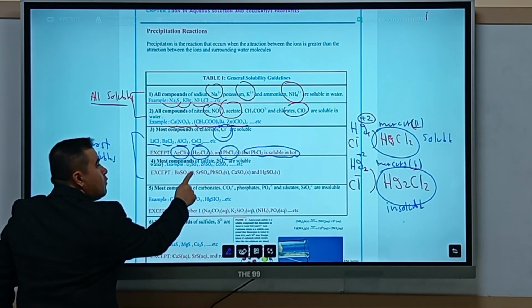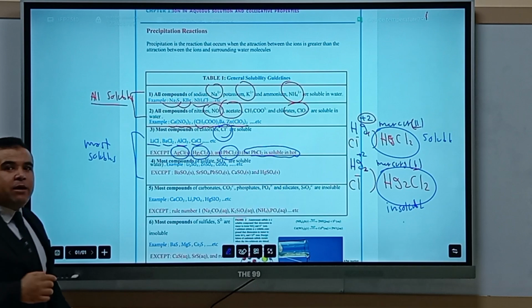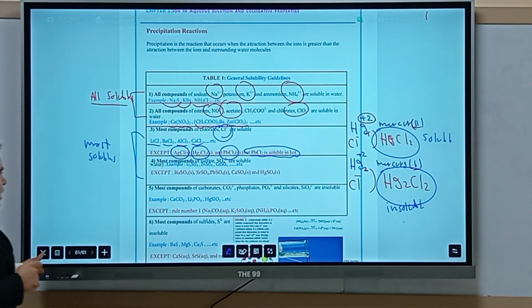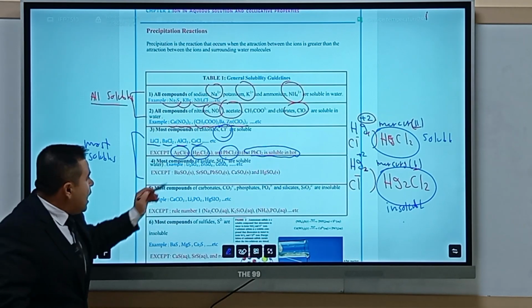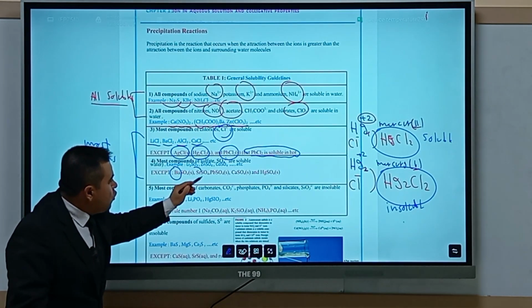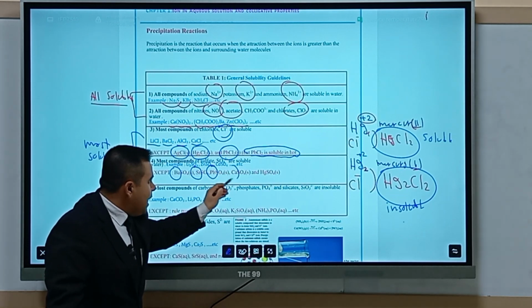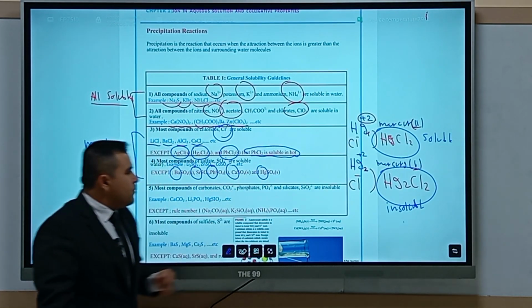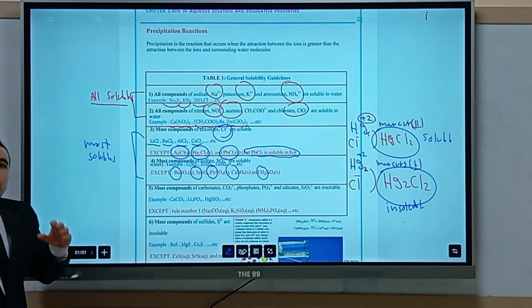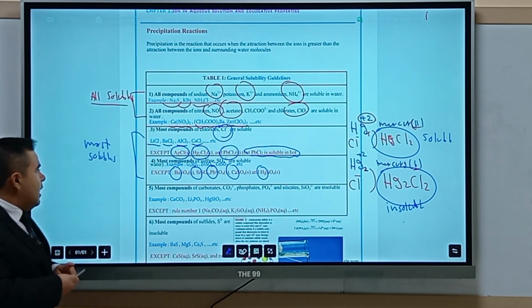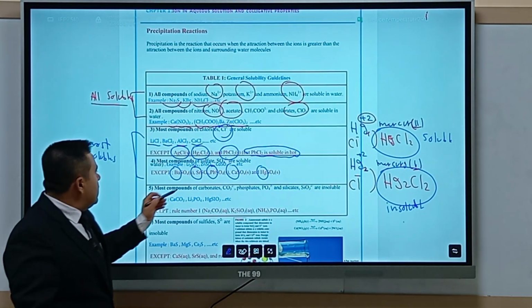Most compounds of sulfate are soluble except with 5 ions. What are those ions? Barium, strontium, lead, calcium, and mercury.